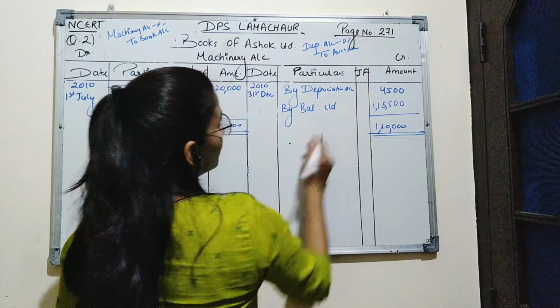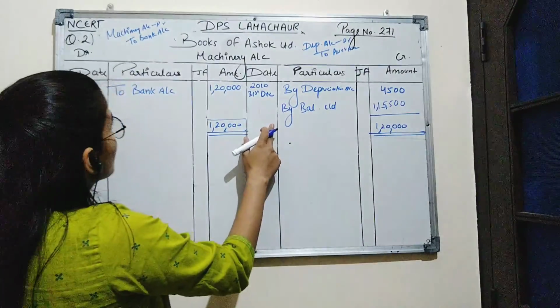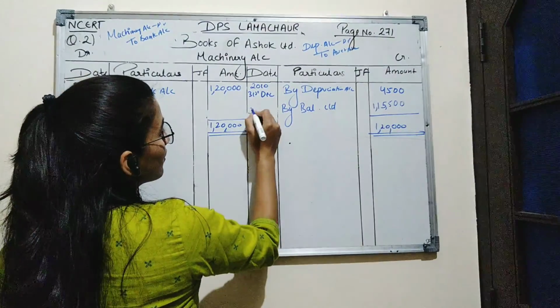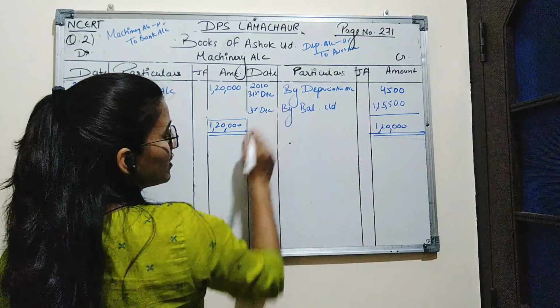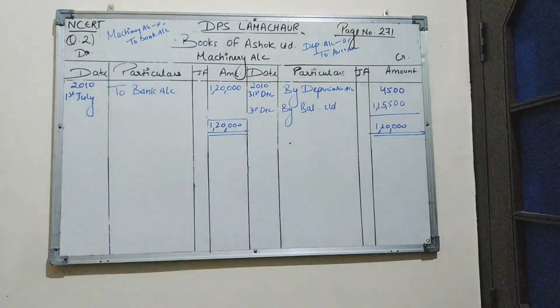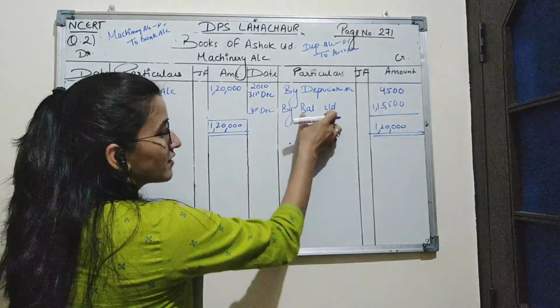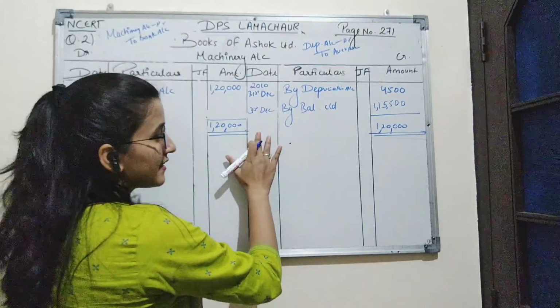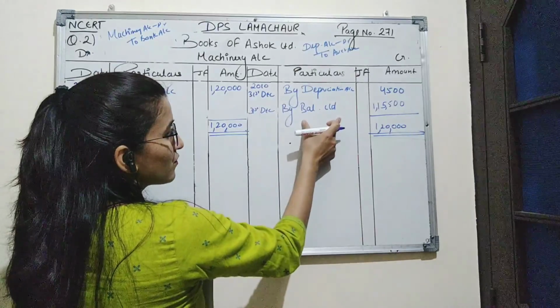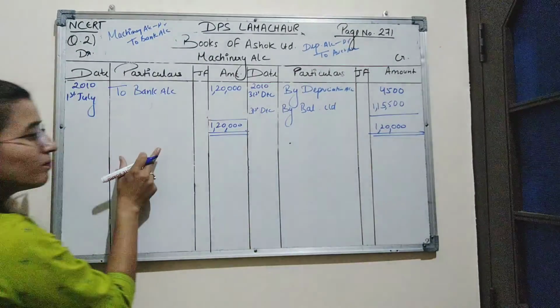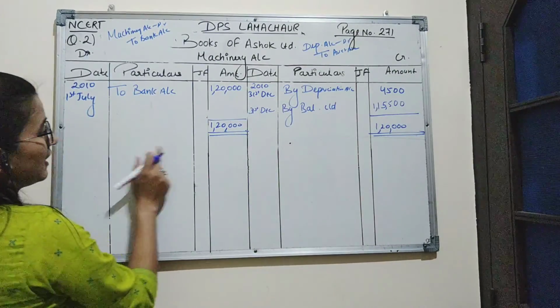So this balancing figure will be balance carried down for the year 2010, 31st December 2010. Now this balance is considered as the closing balance for 2010. So this closing balance of 2010 will be the opening balance for 2011.